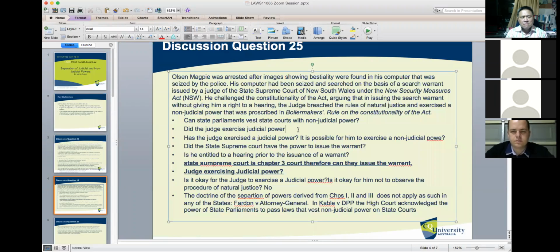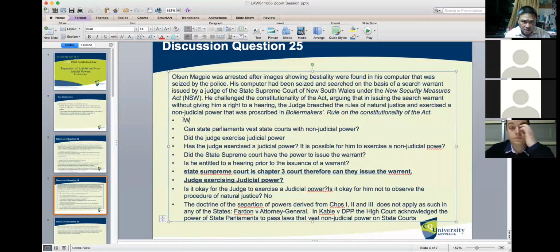Would that be right? Say it again. Sorry, you meant state parliament, not the executive. Whether state parliament can bestow non-judicial powers on state courts. Would that be it? Yeah, effectively, yeah.